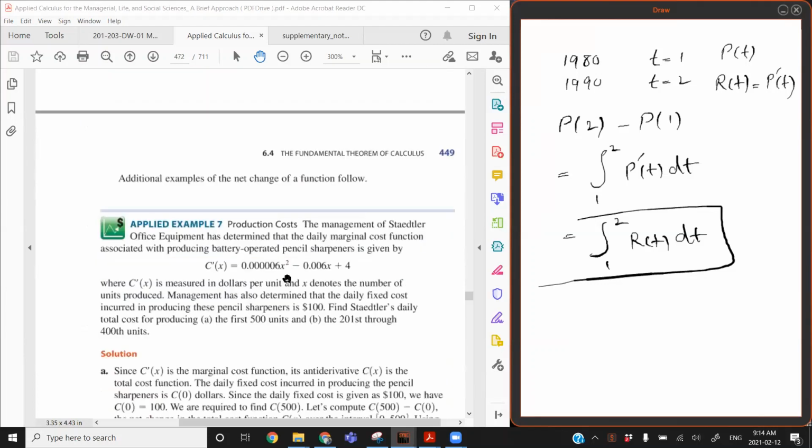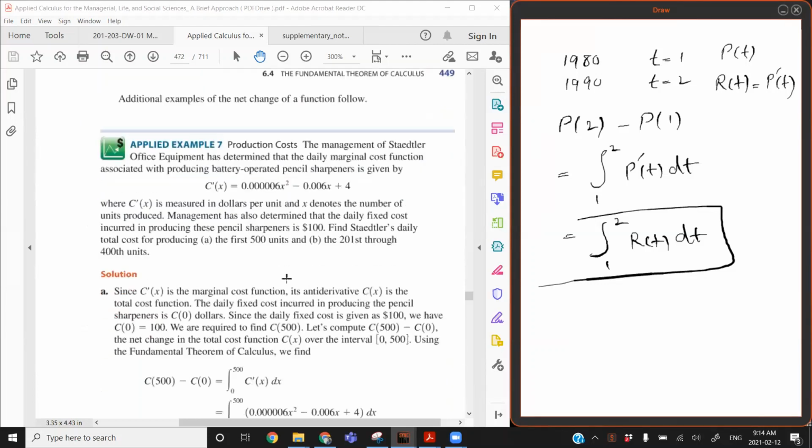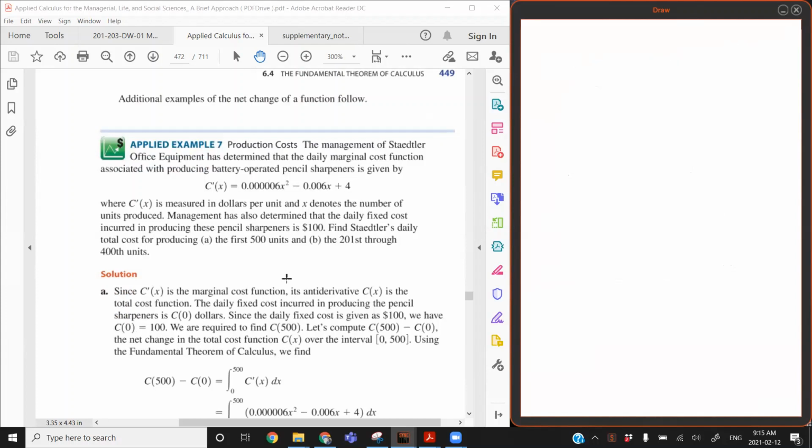Okay, let's look at another example. Production cost. The management of Stedler Office Equipment has determined that the daily marginal cost function associated with producing battery-operated pencil sharpeners is given by this function. What you're given here is the marginal cost, C prime of x, where C prime of x is measured in dollars per unit and x denotes the number of units produced.